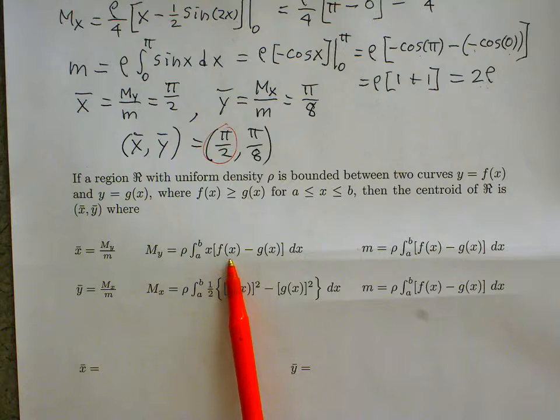So this is what we would expect. The new function is f of x minus g of x, right? So it's x times f of x minus g of x.